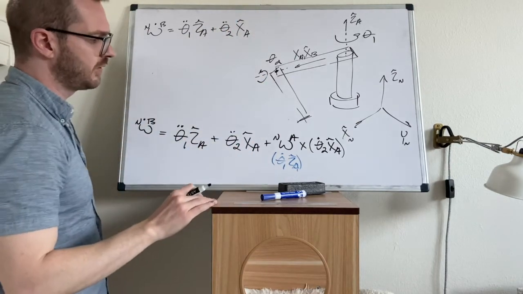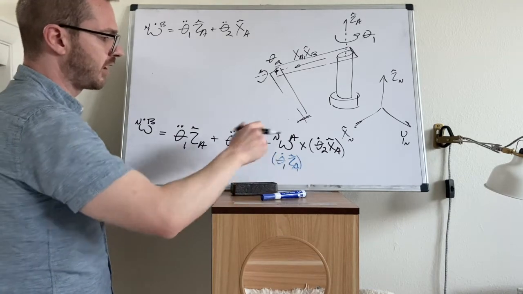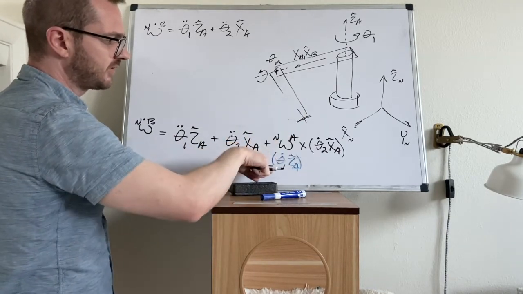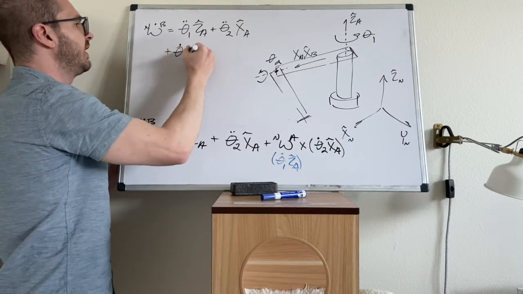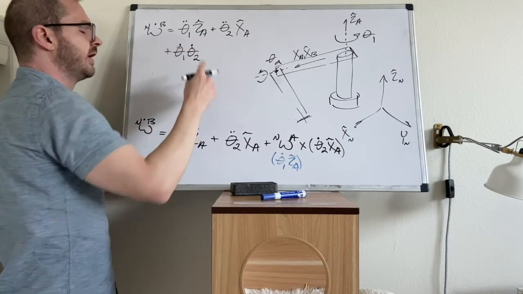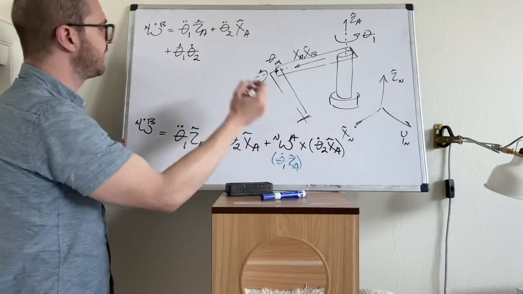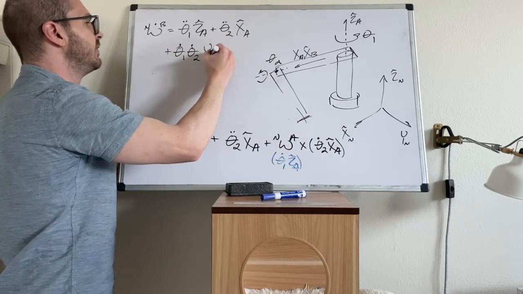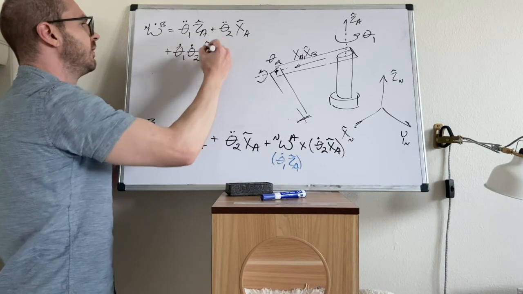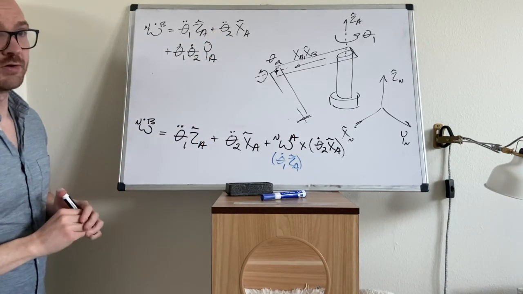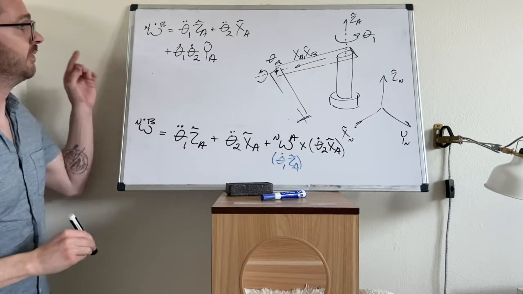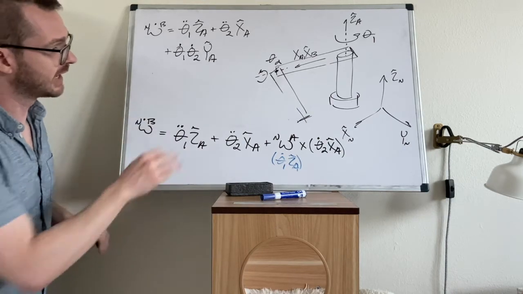And what is going to happen with this cross product? Well, we can multiply the scalars together. So I'm going to say plus theta 1 dot multiplied by theta 2 dot, and then Z cross X yields positive Y. And there we go. That is the angular acceleration of the B frame, of body B, which got a little erased.